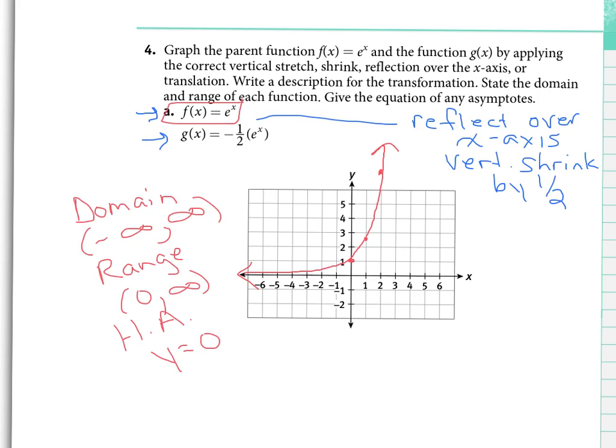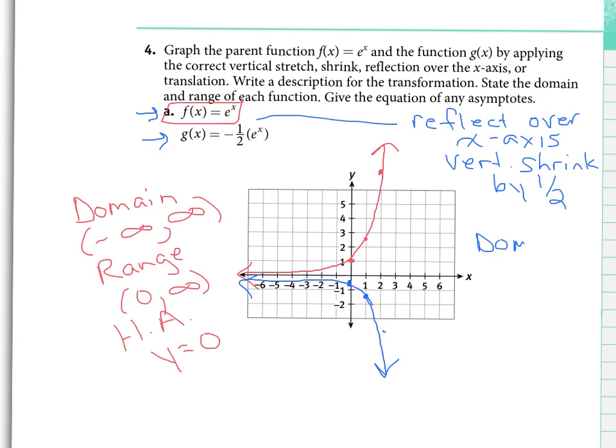So if I take half and make it negative, I'm going to be about here. Half of that number, make it negative, it's going to be about here. And when x is 2, it's going to be down here. So we get the shape of our graph.